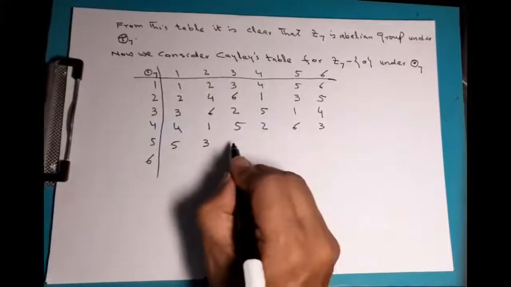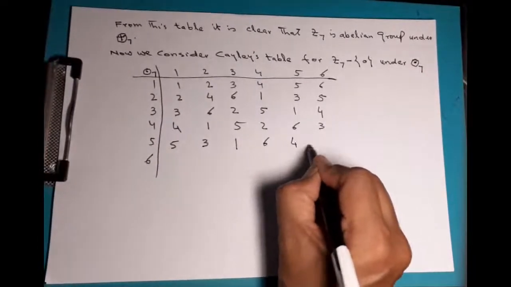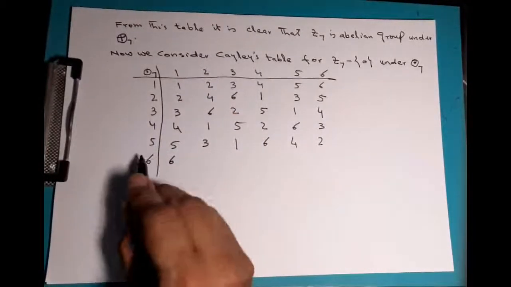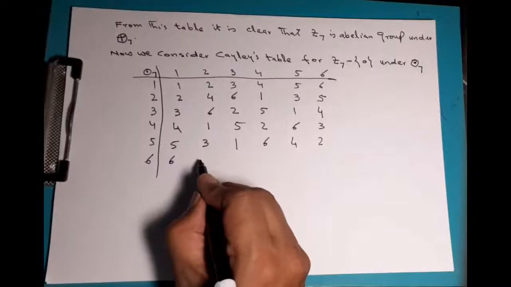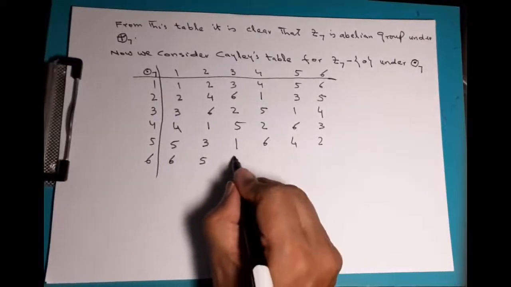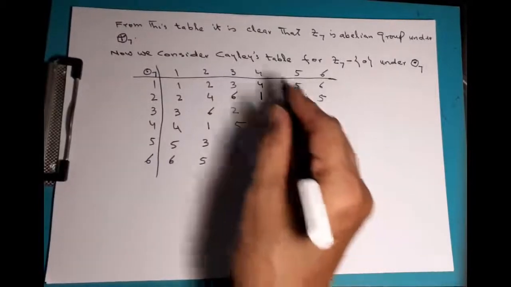So 5, 3, 1, 6, 4, and 2, and then 6 into 1 is equal to 6. 6 into 2 is equal to 12. 12 modulo 7 is equal to 5. And then 4, 3, 2, and 1. And you can check that.